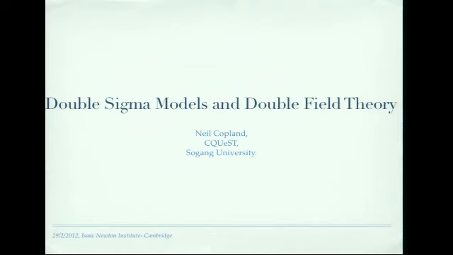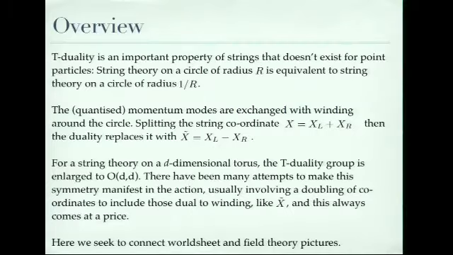Okay, thank you very much. So today I'm going to talk about double sigma models and double field theory. A very vague overview of the idea here is we all know T-duality is a very important property of strings that doesn't exist for point particles.